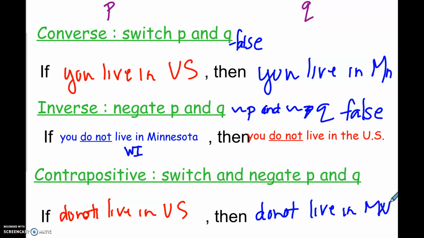So we want to switch it and negate it. If you do not live in the United States, then you do not live in Minnesota. And that truth value is true. If you're not living in the United States, there is no way you can be living in Minnesota, because Minnesota is in the United States. So that truth value is going to be true, just like the original one was. You may need to stop this, pause it, and go back and write everything.